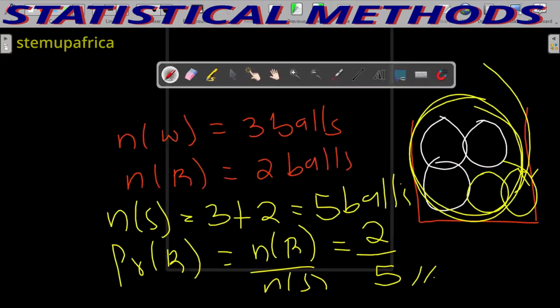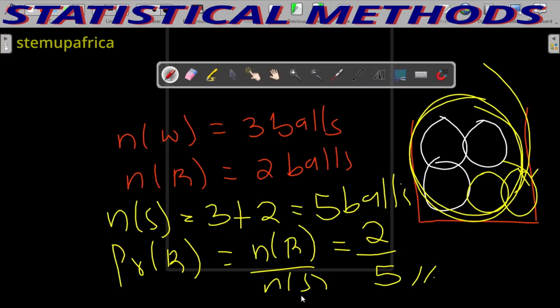So this is the first question. The down part of it, that place you wrote probability.